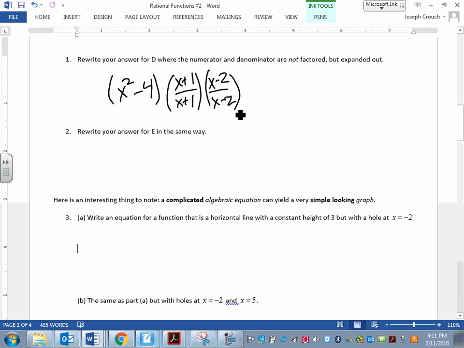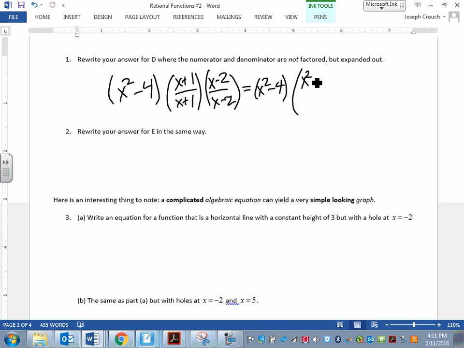And now in order to multiply these out, I've got to pick two of them and multiply them together. So I guess I'll do the two fractions first. When I'm multiplying my fractions, I just multiply across the top and multiply across the bottom. And remember how to multiply binomials and polynomials.